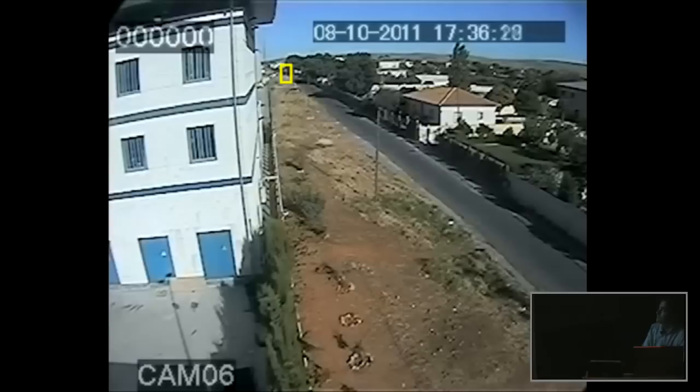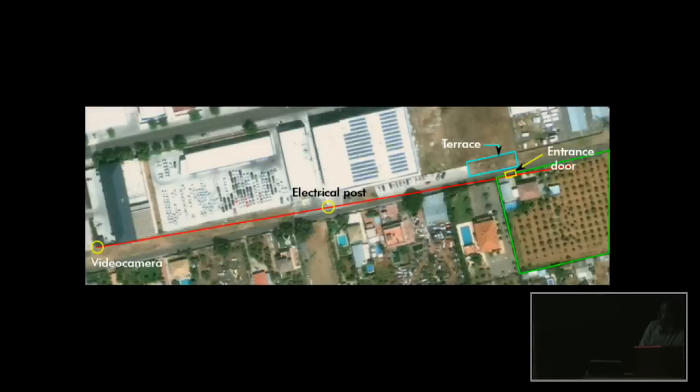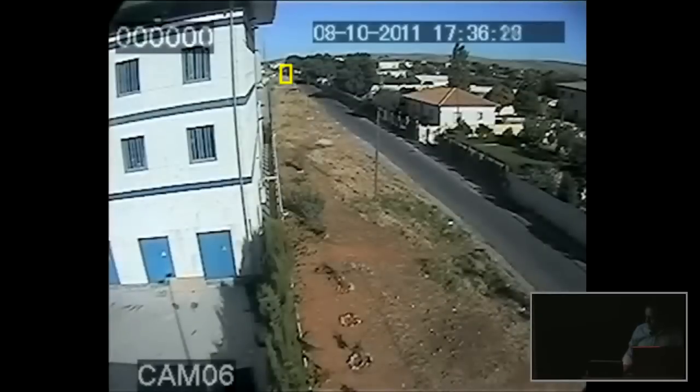So in the afternoon it reflects a lot of sunlight to the camera. I was so lucky to find that this electrical post was in the line of sight between the camera and the entrance door to the crime scene. So with this electrical post, we can pinpoint the pixel with the entrance door to the crime scene, even if we cannot see it.